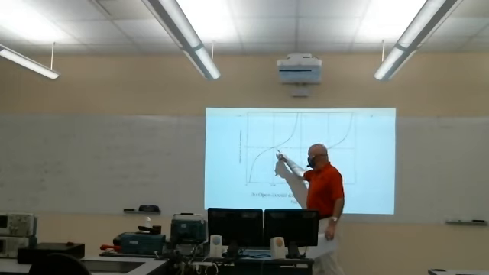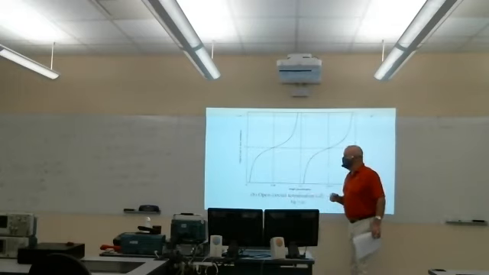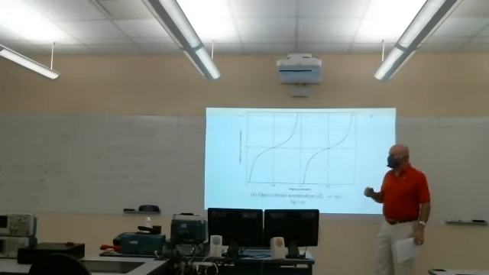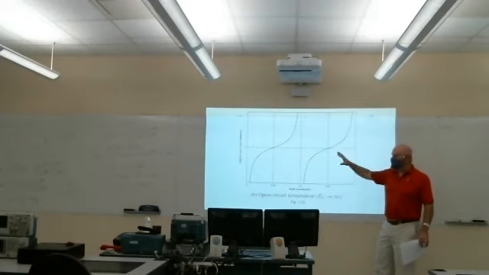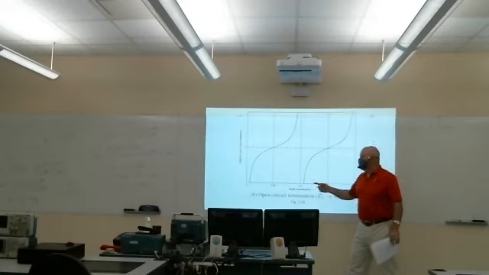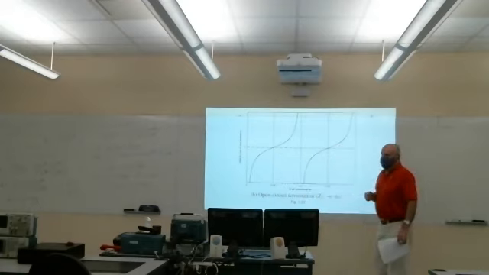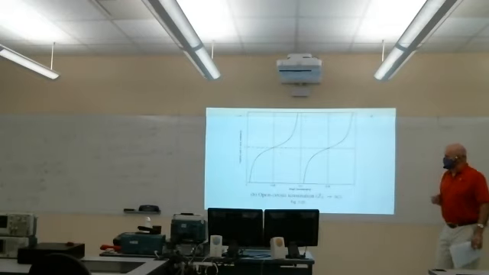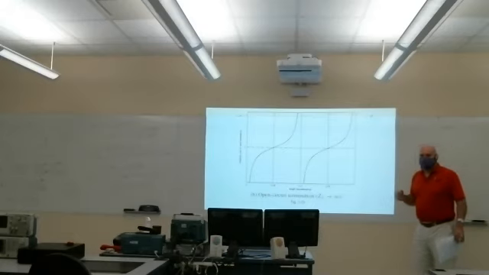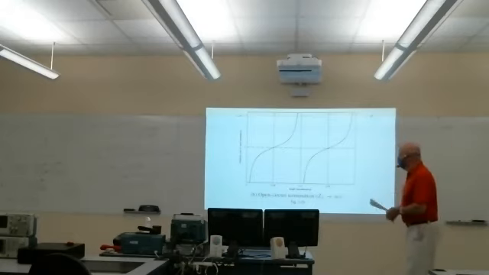A quarter wavelength back from this open circuit, it looks like a short circuit, just like the short circuit case, where a quarter wavelength back looked like an open circuit with infinite impedance. Same thing here. It looks like a short circuit a quarter wavelength back, and then it's periodic with a period of lambda over 2.